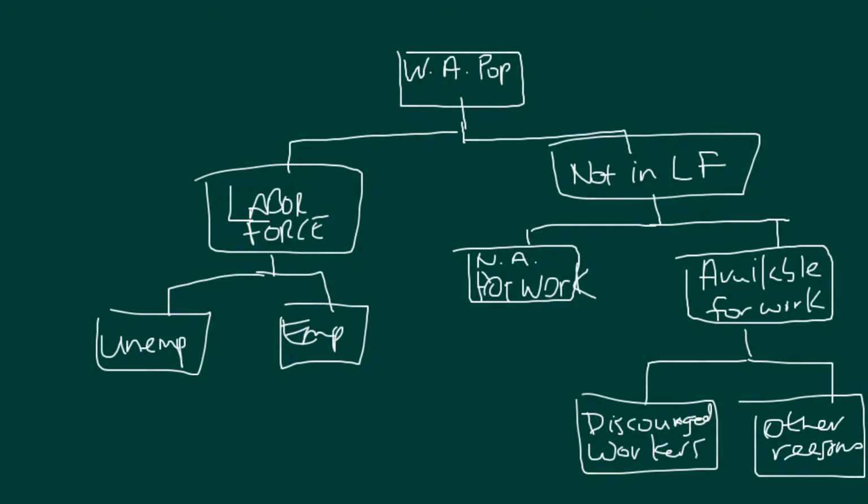So these are people who would say, I'd like to have a job, but I don't have a car, or I don't have someone to watch my child, or there's some other issue. So they would take a job if offered, and everything else was solved as a problem. So that's why they're not in the not available for work group. But there's something blocking them, and it's not just being discouraged. So they separate these two out.